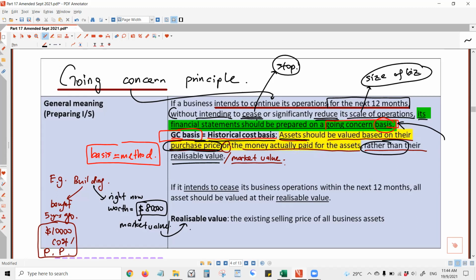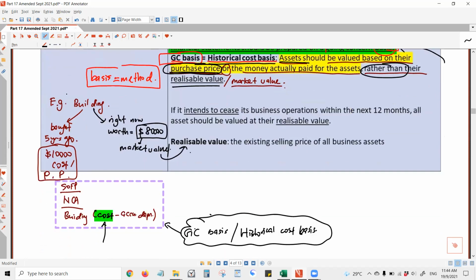Just now I gave you an example: a building, which is an asset, you bought 5 years ago. At that time you bought it for 10,000. So the 10,000 is known as the cost, the purchase price. And right now it is worth 80,000. The 80,000 is the market price, or realizable value.